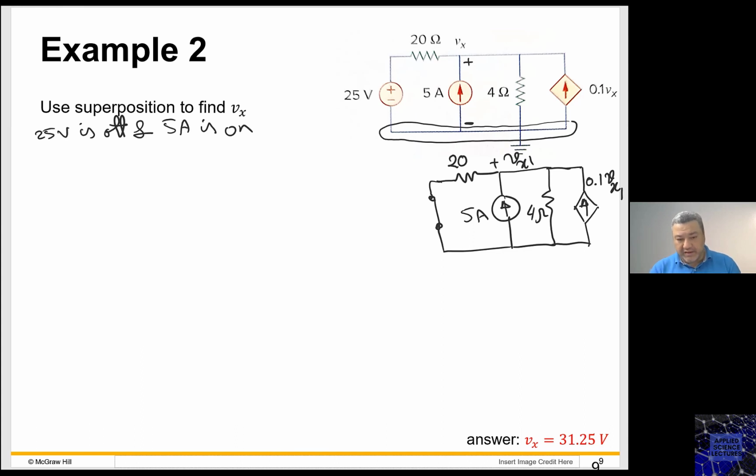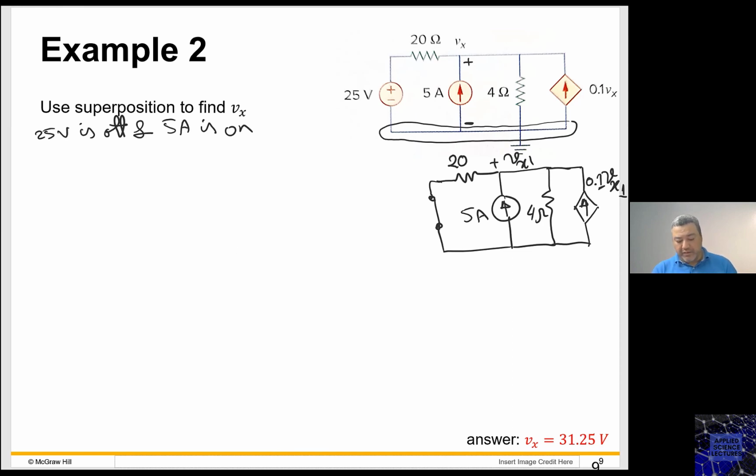Now it's not Vx, now it is Vx1, so that's why I also changed the variable here to Vx1.